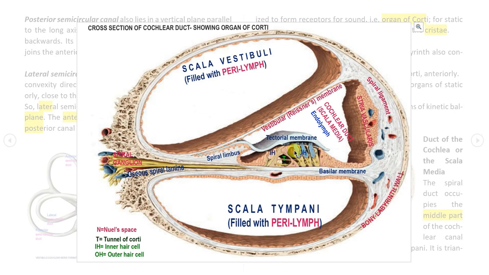So outer hair cells, inner hair cells, and then supporting cells. At the lower part of these hair cells, axons are coming. All these axons will travel here and they will collectively form the cochlear nerve. They will terminate in the spiral ganglion and their central processes will enter the cochlear nerve.